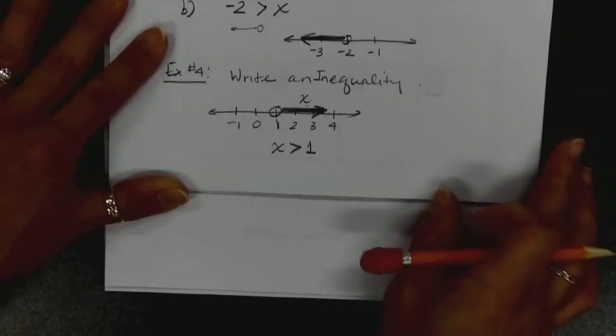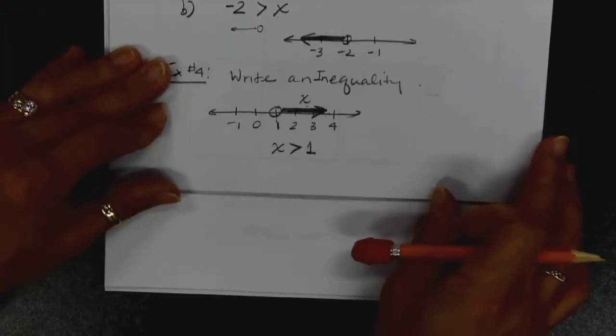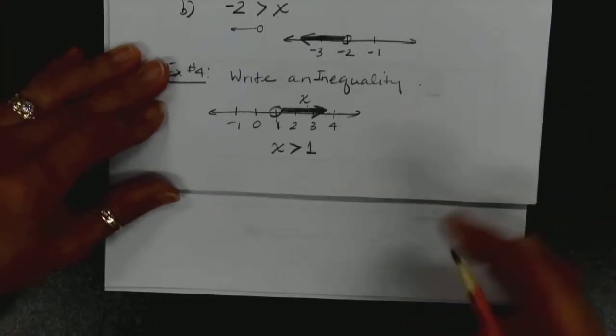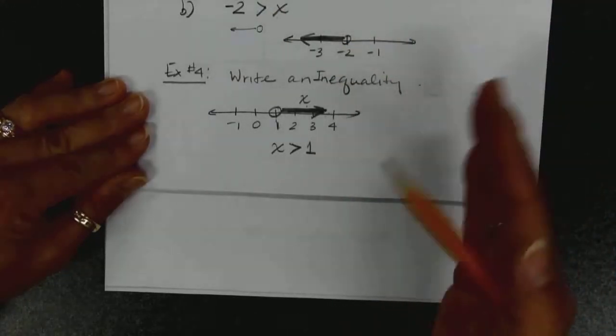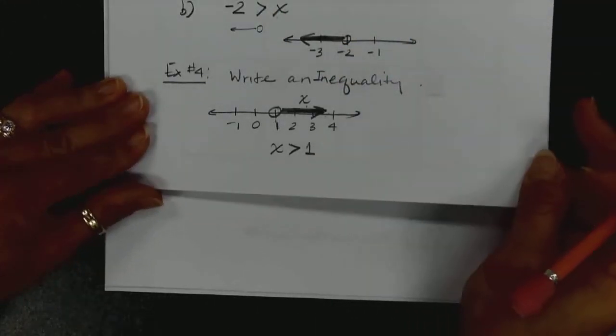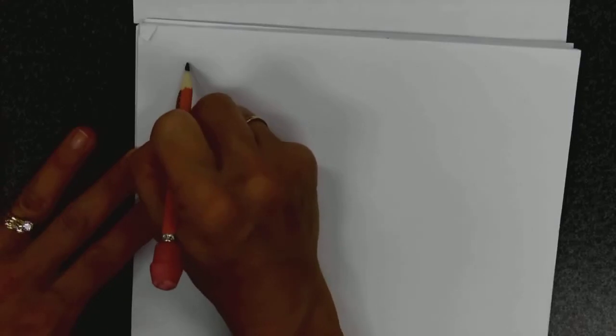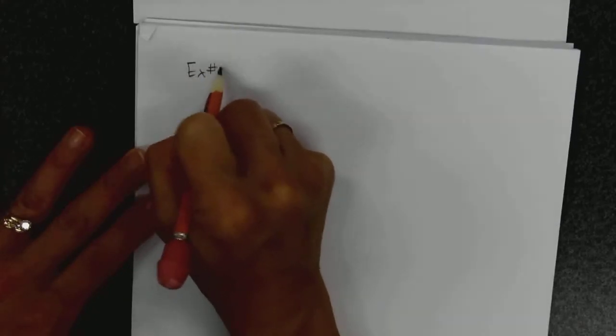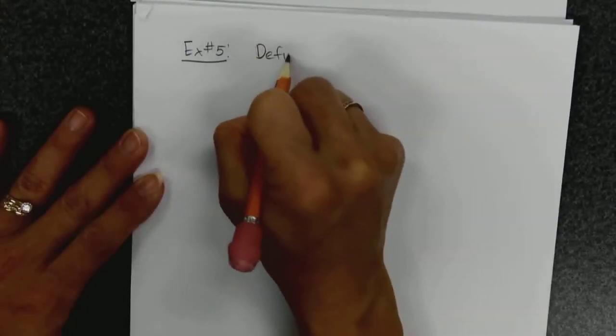Okay, last example. You ready? Is everybody done writing? All right, last one. It's a word problem. Well, kind of. It's just a lot of words. All right, this is example number 5. It says, define a variable and write an inequality for the given situation.